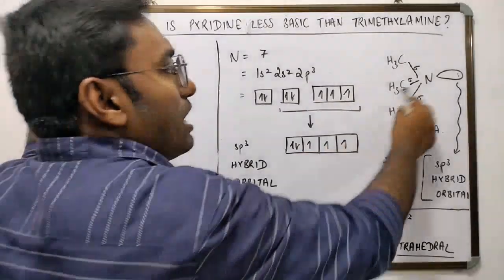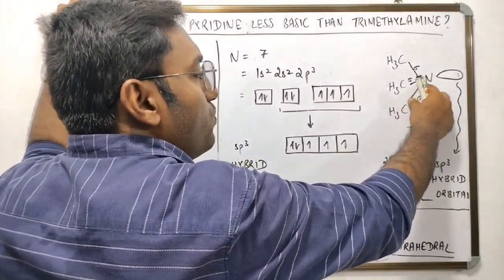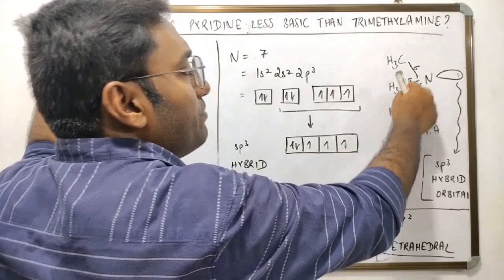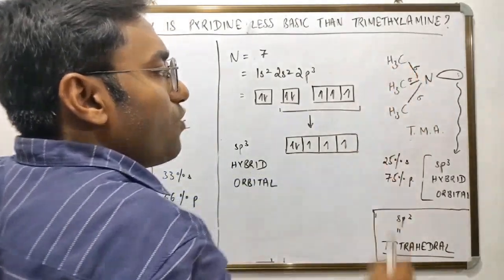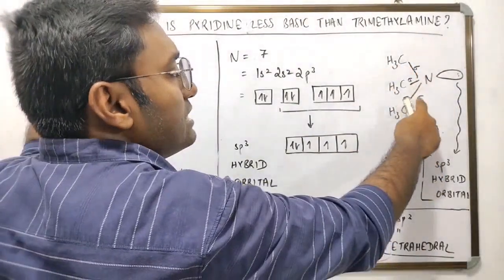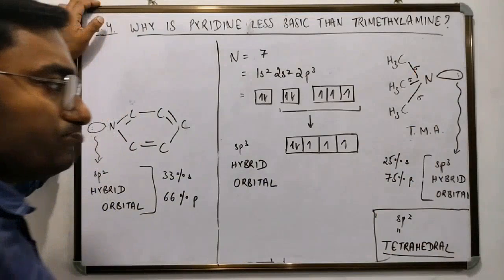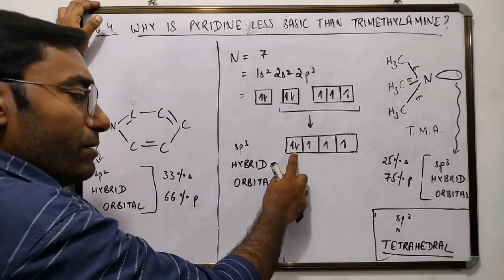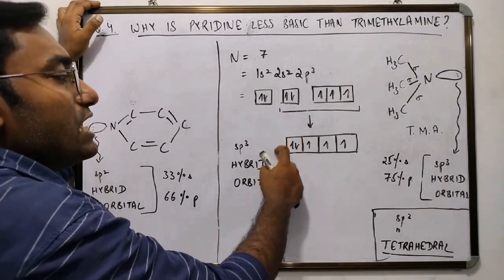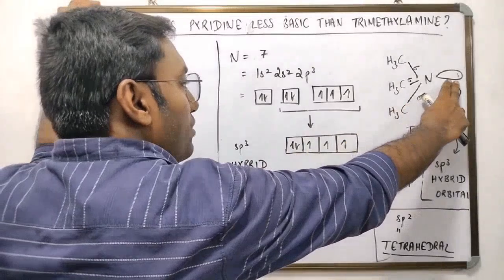They go for a head-on overlap with the sp3 hybrid orbital of each carbon atom, forming an N-C sigma bond. Again, note that the lone pair of electrons is in an sp3 hybrid orbital.